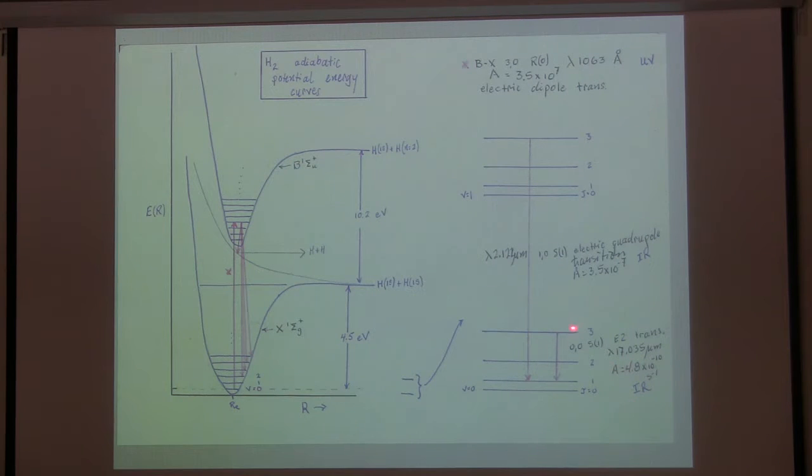This one from J equals 3 to J equals 1 goes at about 5 times 10 to the minus 10 per second.